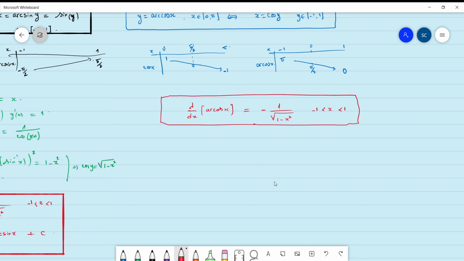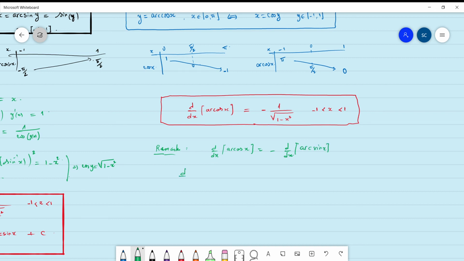Okay, we have then our box, and now a remark. We notice that the derivative of arc cosine x is the opposite of the derivative of the arcsine of x.